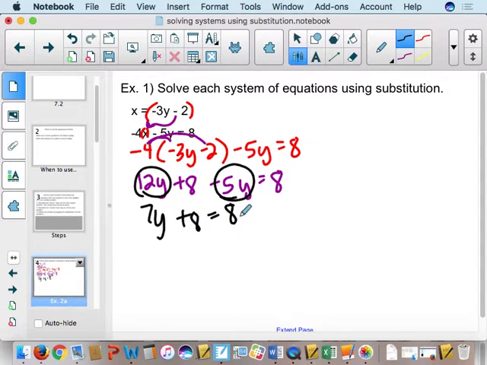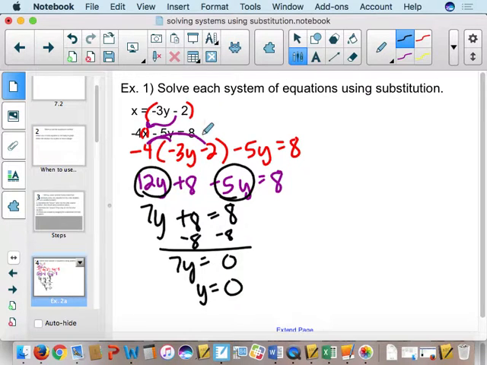Subtract 8 on both sides. Minus 8 over here. 7y equals 0. Last step, divide both sides by 7. 0 divided by 7 is 0. So that altogether is step 2.